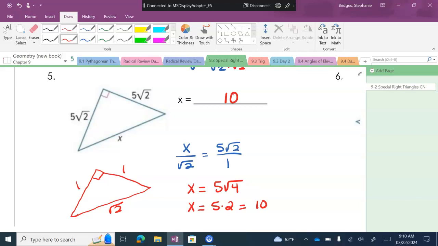Keep working on it. Because it says x equals, right? That's your solve.